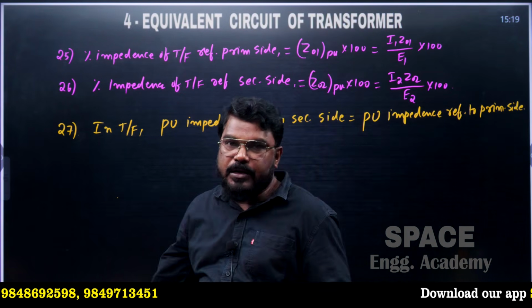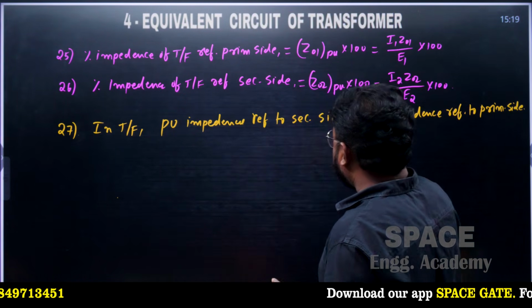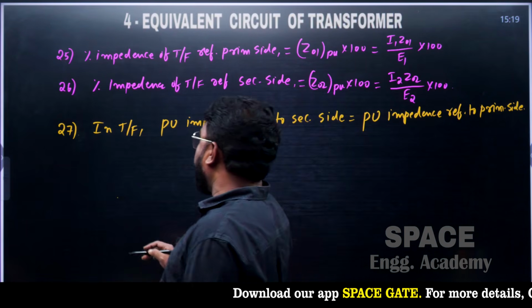In a transformer, the per unit impedance referred to the primary side is equal to the per unit impedance referred to the secondary side.